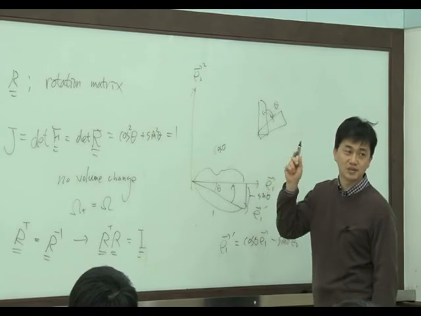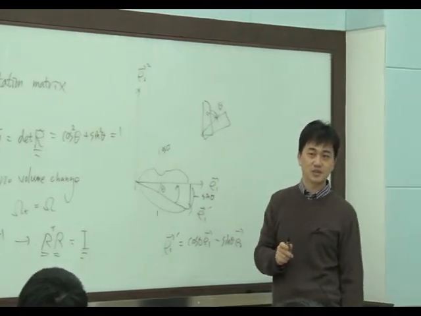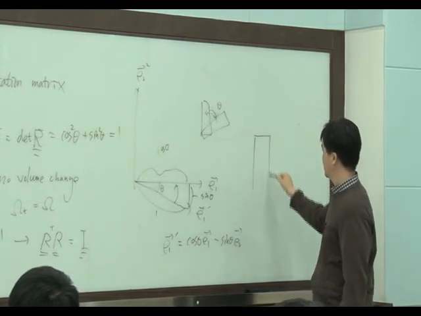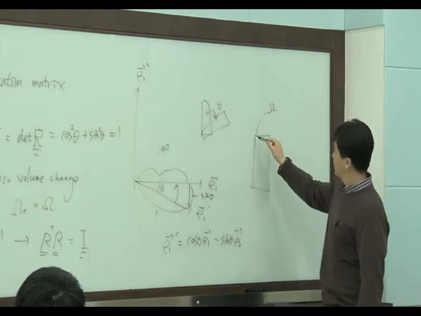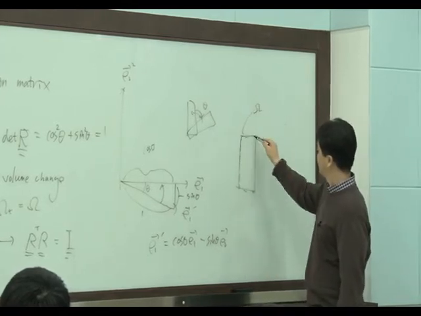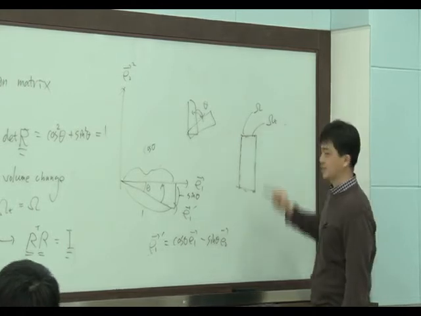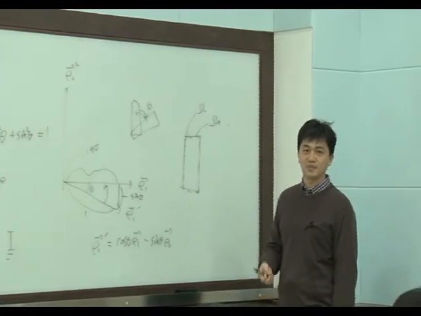So when there is no displacement, let's say, for example, this is the initial body, omega, and the same, no displacement. The current body and initial body are the same.